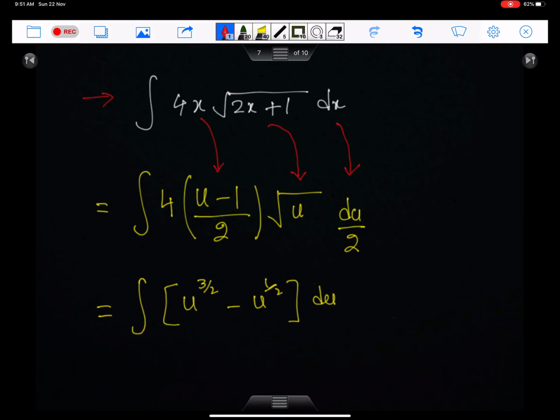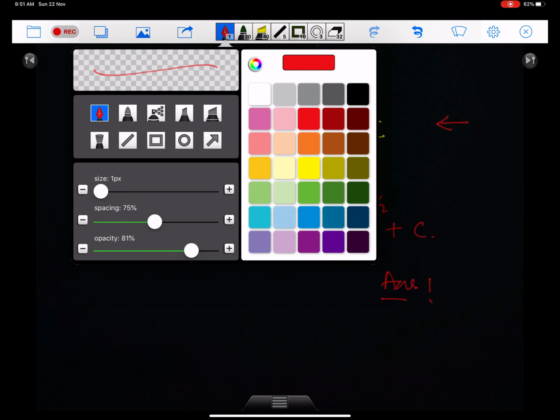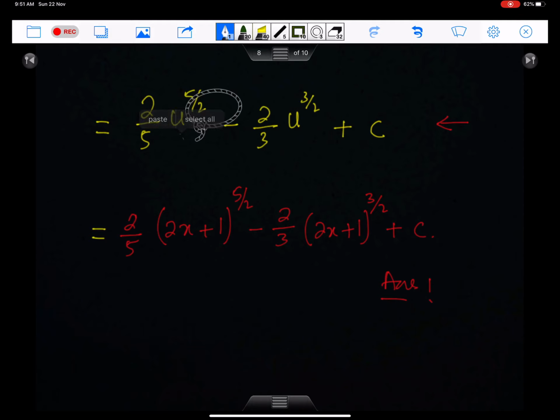Well, after the simplification, you'll get this thing. And this is a very simple integral. You just need to add 1 to the power and divide the function by the resultant power. Therefore, this is the simplified form of the integral. And then the most important part for indefinite integrals, make sure you always substitute u by x.